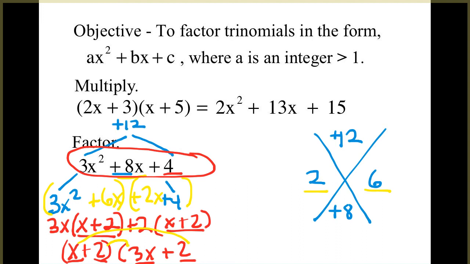That makes 8x. That's my middle term. So the answer to this question is x plus 2 times the quantity of 3x plus 2. Take a minute, write the notes if you need to, and pause the video because we're going to move on.